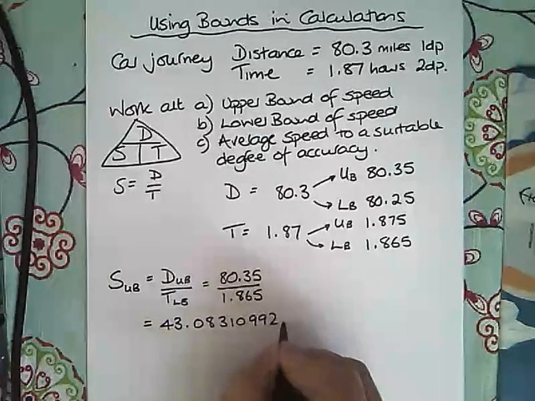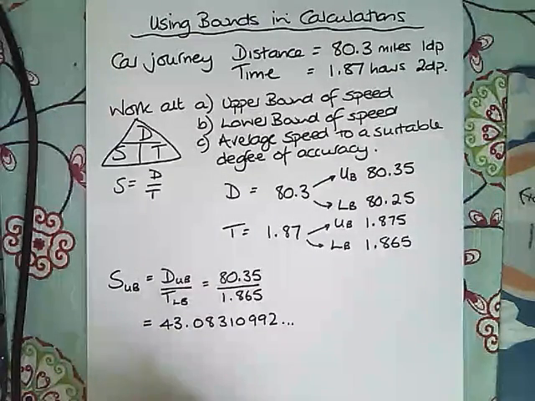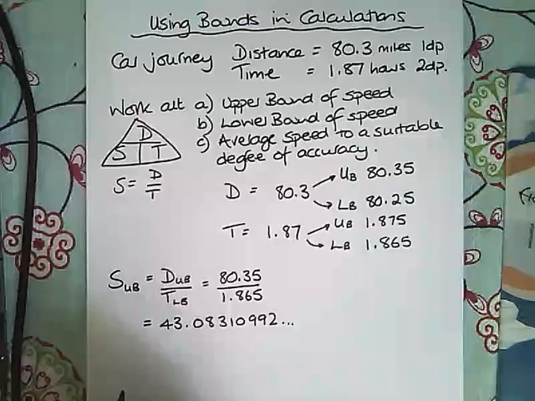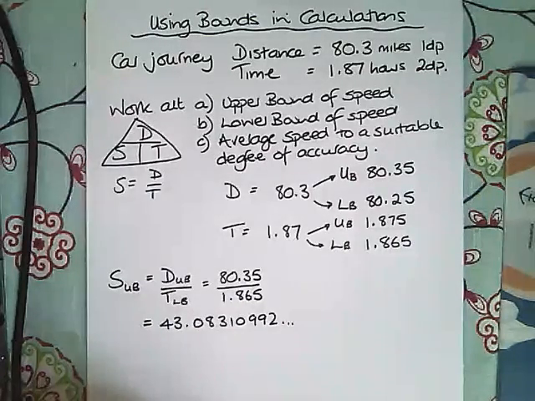I've written down everything on my calculator display. In the question you probably have to round it to one or two decimal places, but I'm just going to leave it like that for the minute because we need that value when we're working out part C. So that was part A.